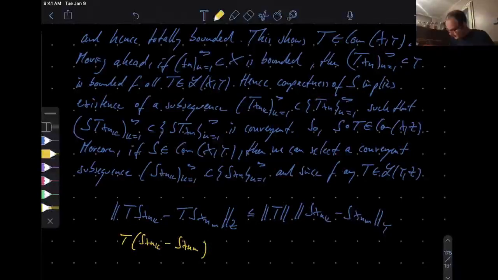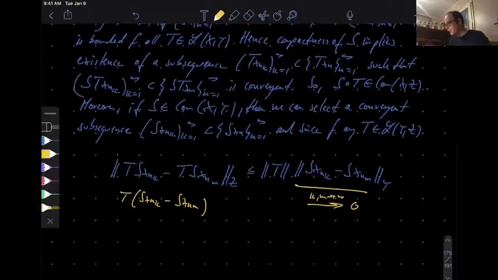Yeah, but this guy here becomes small because S x_{n_k} is a convergent subsequence. So as k and m go to infinity, this will go to 0, and hence the left-hand side has to go to 0, right?